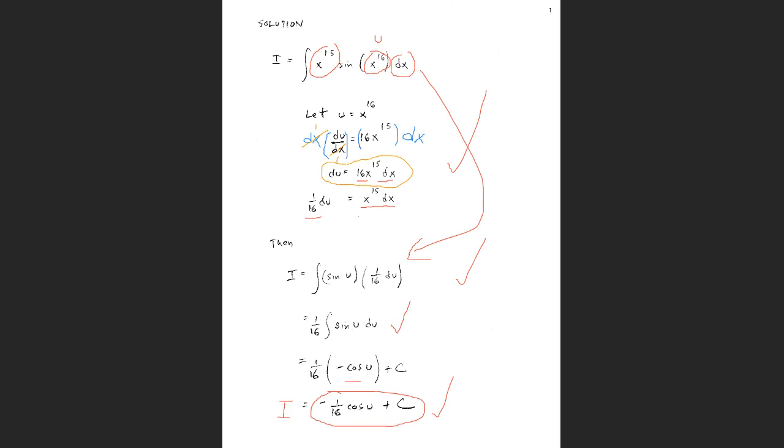Is that the right answer? I mean, are we done? No, you have to substitute x to the 16th back in for u. That's right, Maria. Very good. And so I'll do that. I'll go to the next page, but want to make sure I'm pacing myself correctly. All right. May I go to the next page?